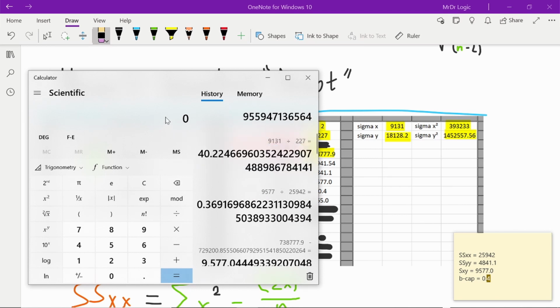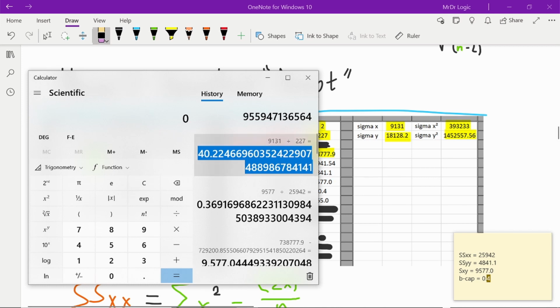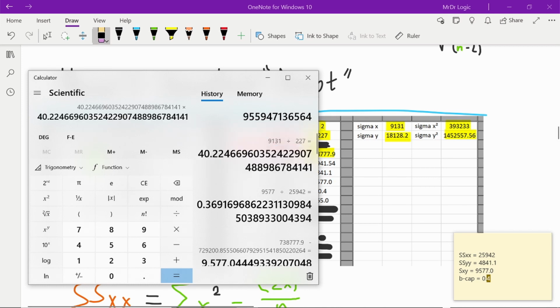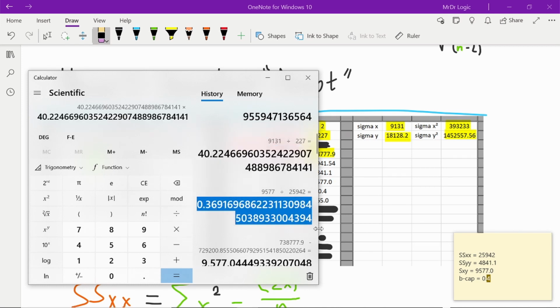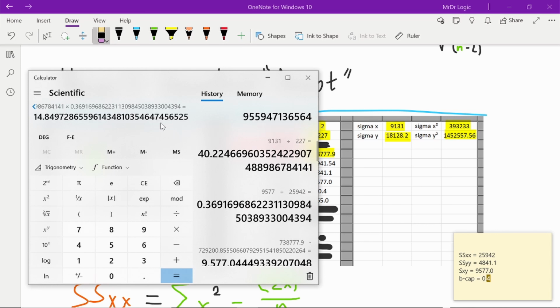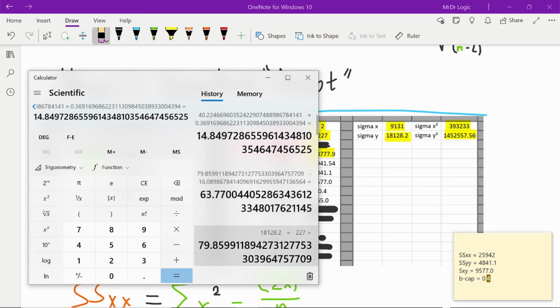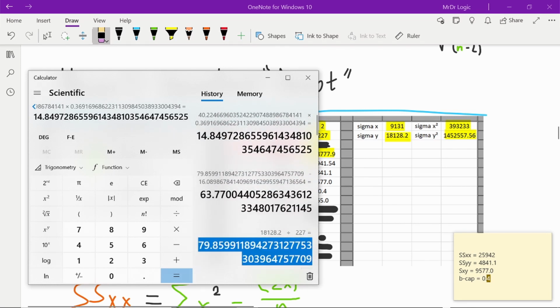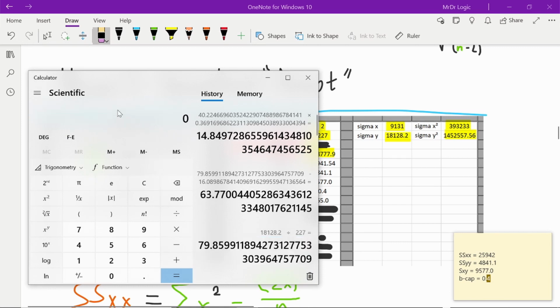Copy. See, my Control-C, Control-V is not working. Times this, copy, paste. We get that. And so if we take this, Control-C, Control-V. Oh my gosh.